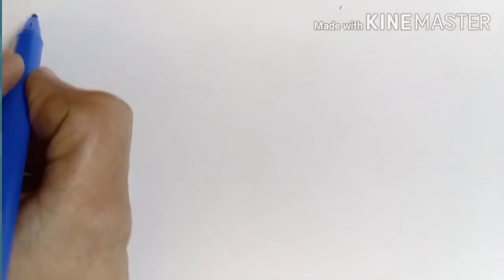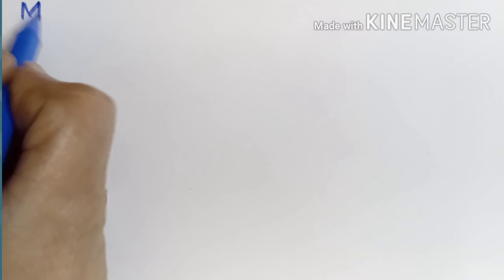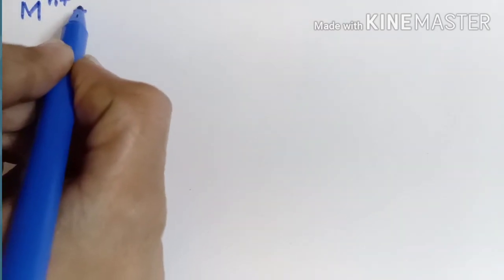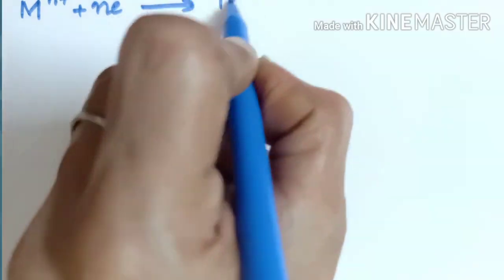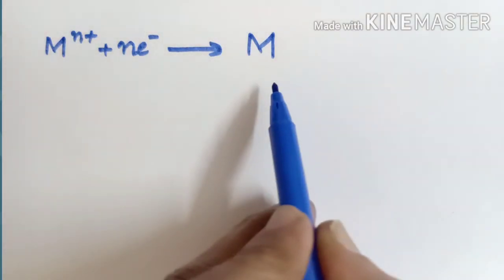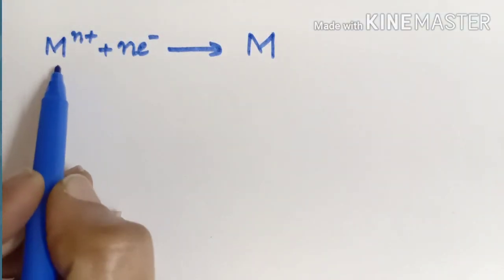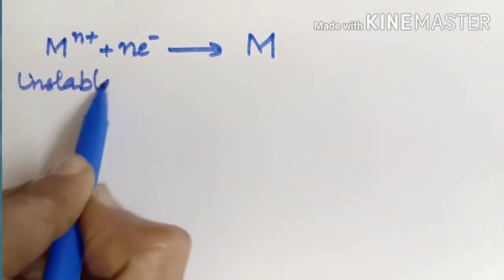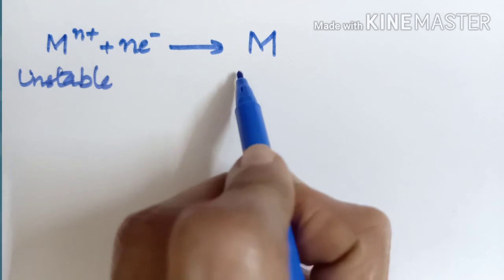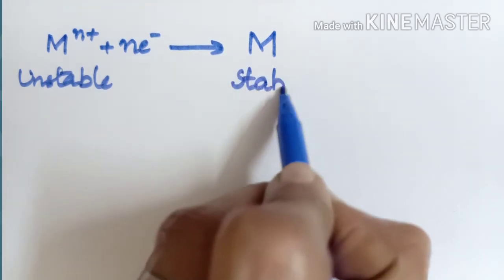To understand electrode potential, we take the general formula Mn+ plus n electrons becoming M. The forward reaction occurs only if Mn+ is unstable, and by adding up electrons it becomes a stable configuration.